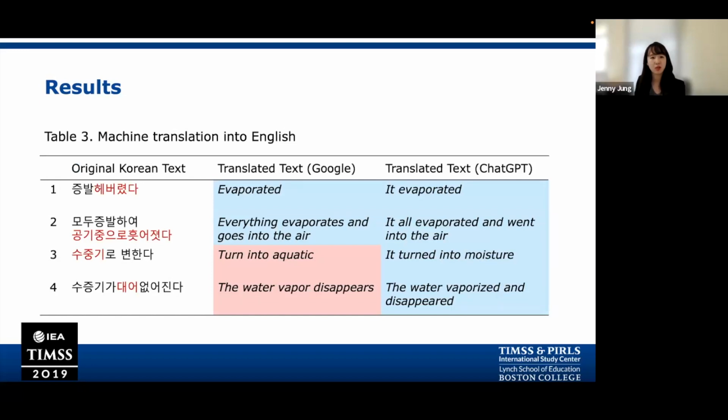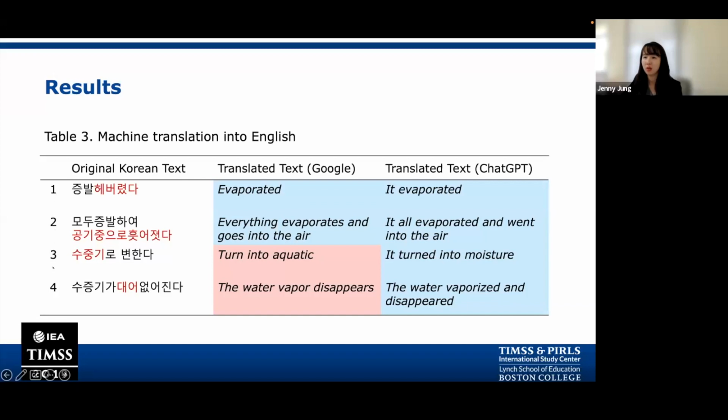Table 3 shows an example of machine translation into English. The first column here shows the original Korean response, the second column is the translated response from Google Translate, and the third column is the translated response from ChatGPT. And the red colored words indicate the misspelled words. For the first, second, and fourth ones, these student responses do not have appropriate spacing.